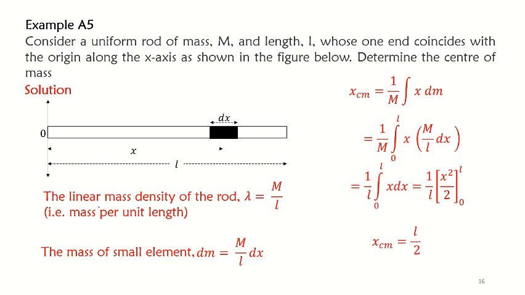So in that case, you express the mass in terms of the unit length. You work with the linear mass density, which is represented as lambda. Linear mass density is measured in kilogram per meter.